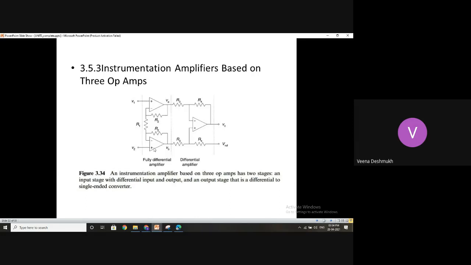If these are matched, then whatever additional resistors we connect, if they are of equal values, there should not be any problem in getting high CMRR for this setup. And the final CMRR is dependent on the op amps as well.